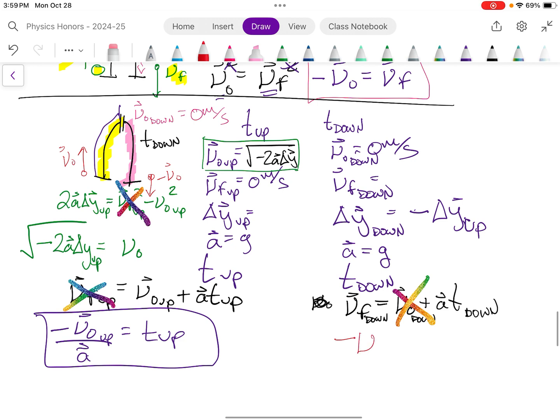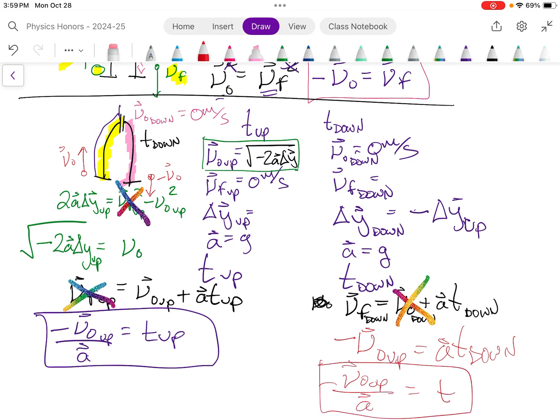We got negative vo, and this is up. And, oh, I think you're seeing where this is going. They're the same. Okay, so when the object is coming back to that same height, it takes just as much time to go up as comes down.